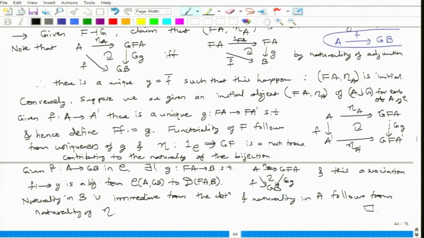So the earlier naturality, eta contributing to the naturality of the bijection, like this uniqueness will contribute to the naturality of the bijection required in eta, the components of eta, and here naturality of this bijection f mapping to g in the A component follows from naturality of eta. And this is the end of the proof.